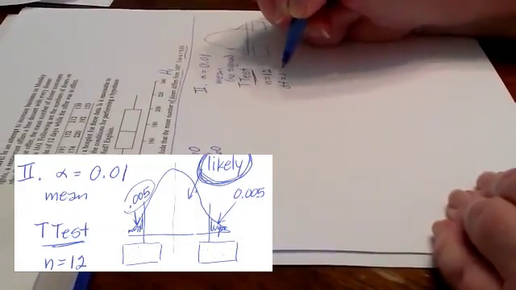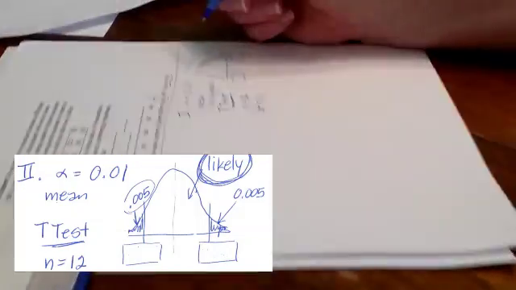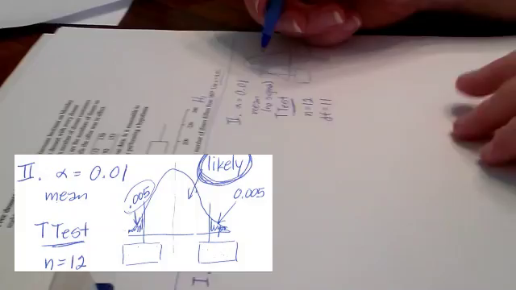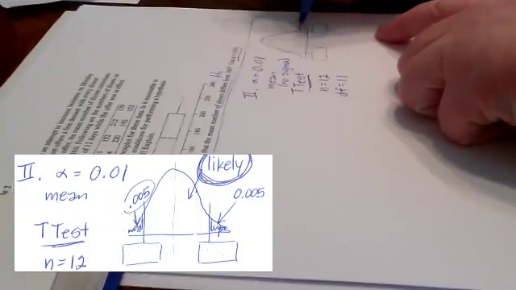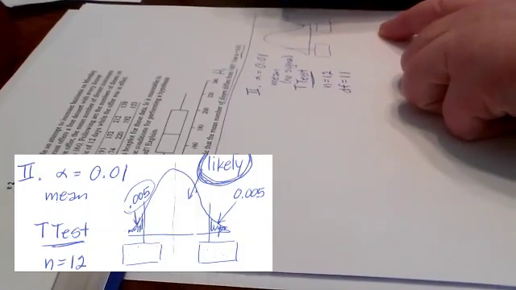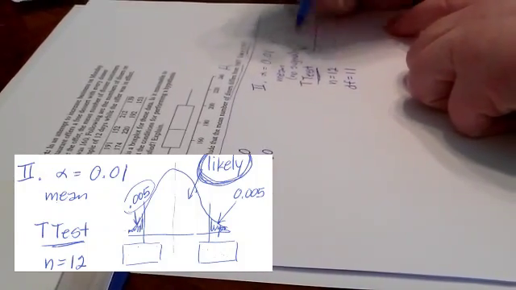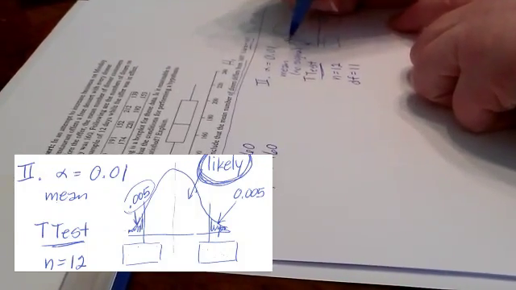So degrees of freedom is 11. And if alpha is equal to 0.01, and I've got a two-tailed test, then I've got half of that in each tail. So I'm going to look up an area of 0.005 and degrees of freedom of 11.